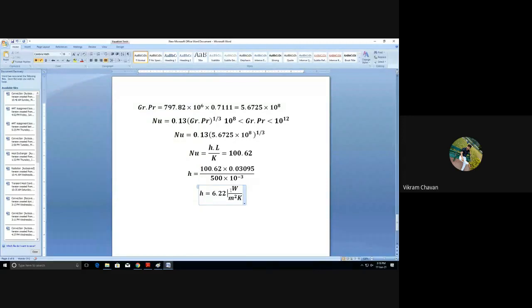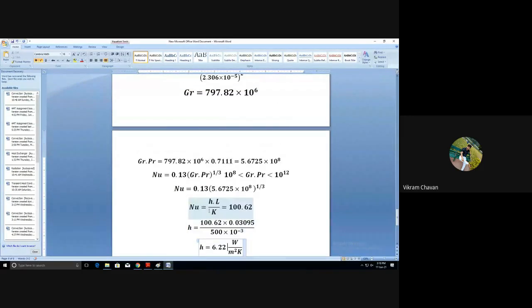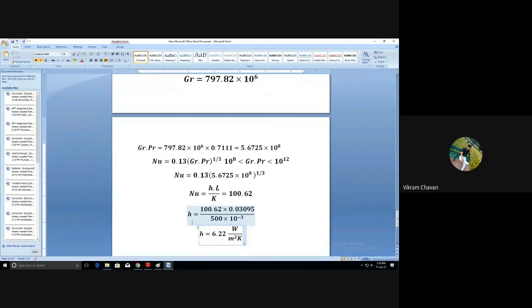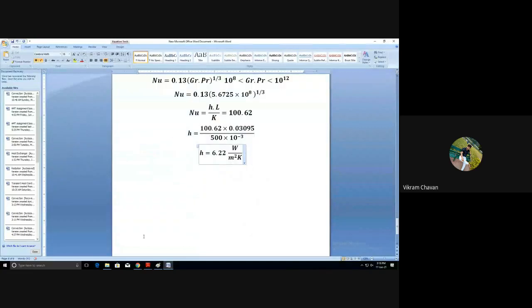Okay. Great. So in this manner, we have to solve these particular problems, and also the final H value. How to calculate the H value? Please check whether everyone is getting the same value. 100.62, right? And 6.22. Everybody getting the same value? Then you can write finally the result.